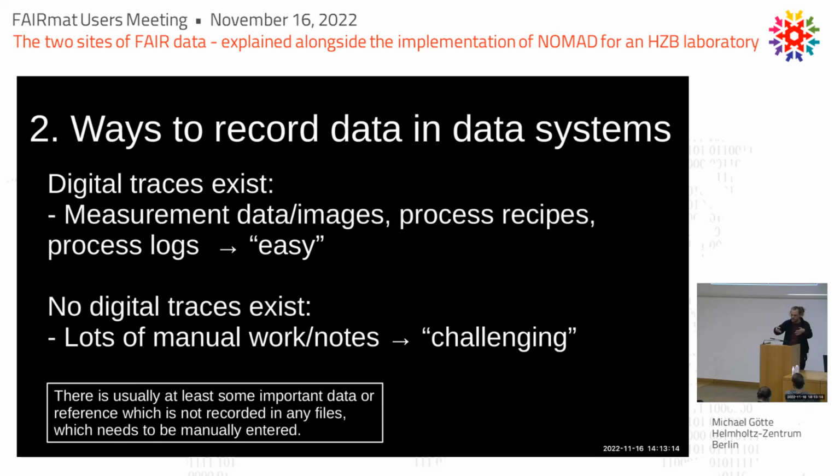If you have your hands in the glove box, you don't have your hands on a computer, and you cannot do certain things. So you need to find a way to get this information into the computer. And if it's only referencing certain parts, like at least some parts of most steps, as a comprehensive history of what a sample has seen and what has happened to it, you need to have at least some kind of references, because the instruments usually don't know what they are measuring if you don't tell them.